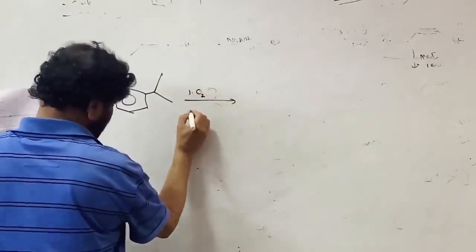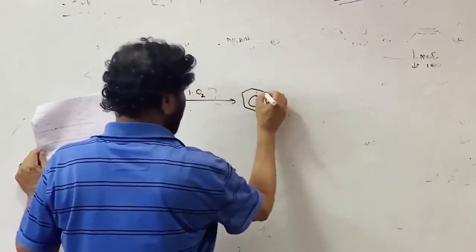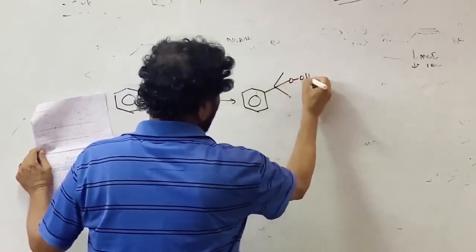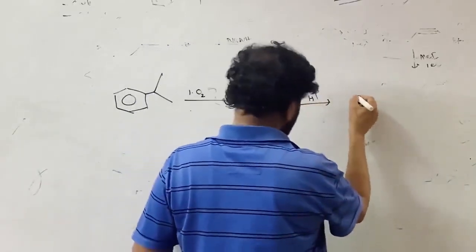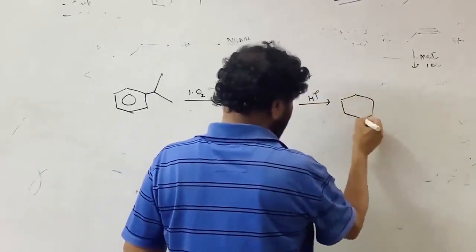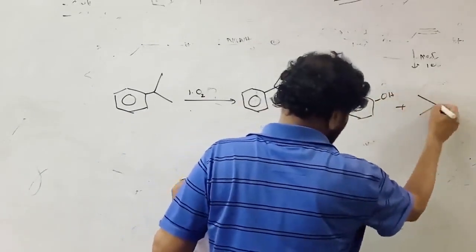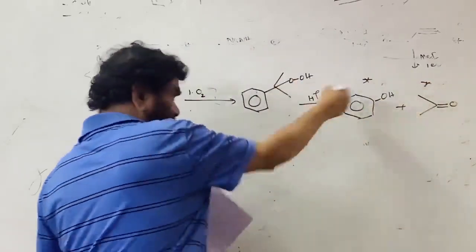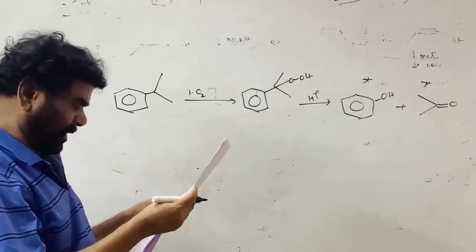We know the procedure. Cumene peroxide. This on treatment with H plus ion, cumene rearrangement takes place. Finally, you get phenol and acetone, the cumene peroxide method. Two organic compounds can be prepared. Rearrangement is there. We have discussed already.